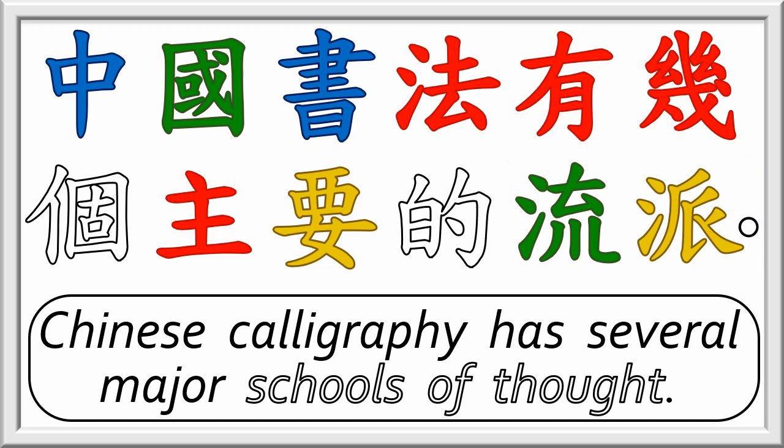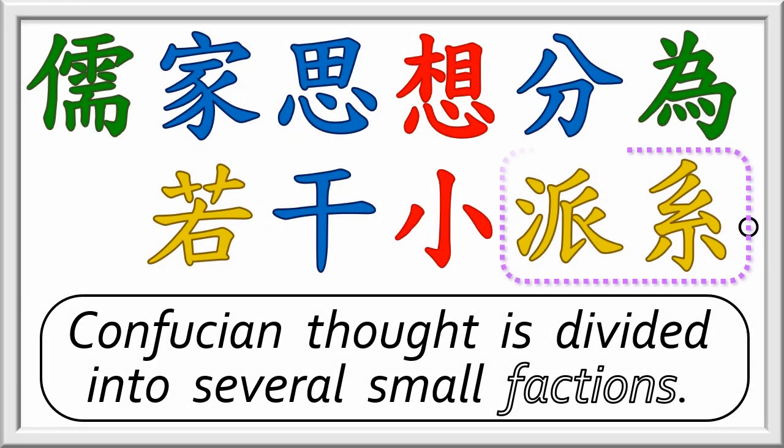Chinese calligraphy has several major schools of thought. 儒家思想分为若干少派系. Confucian thought is divided into several small factions.